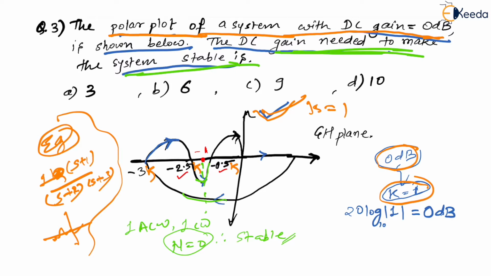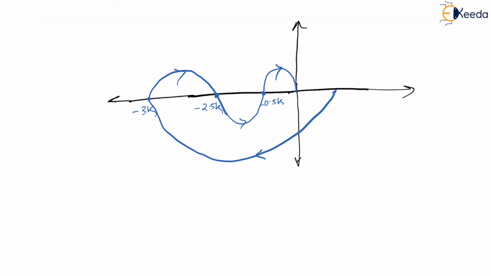But now if you don't place it at 1, you place it at k only, so values will also get changed to k. That is the concept. Because when you multiply by k, magnitude gets multiplied by k. That is the reason all these magnitudes I am multiplying by k. So if I redraw this in a good way, I can see that it becomes this.